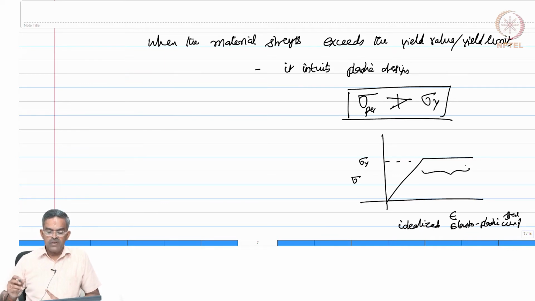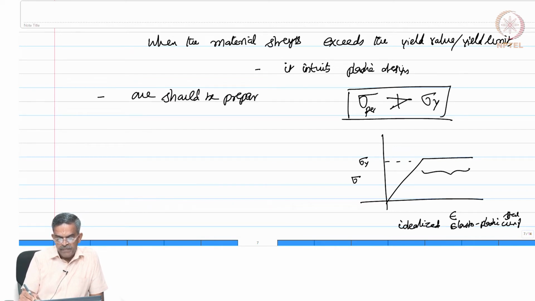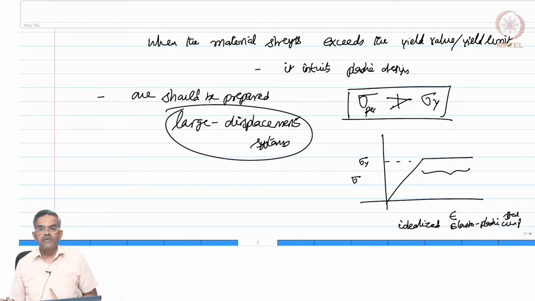The derived demerit could be, as it employs plastic design, one should be prepared for large displacement systems. I am not talking about large deformation.